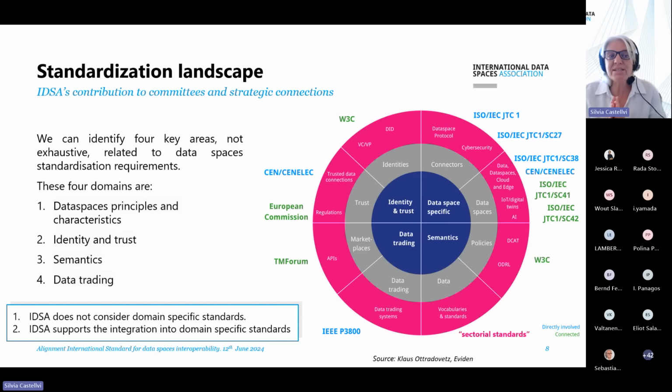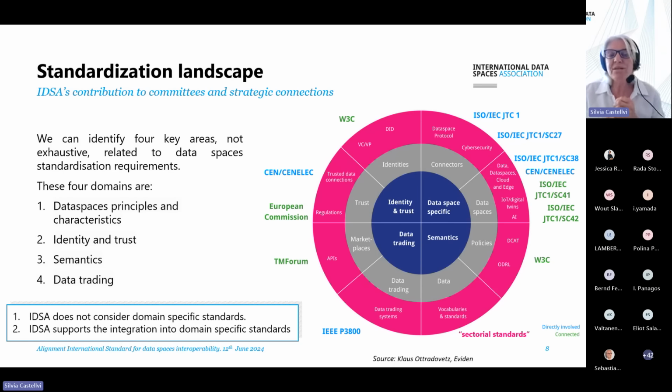And here you can see our commitment to achieve these standardization activities, because we are directly involved in standardization committees. We are involved from IDSA head office, but also members are actively participating on these committees that you see in blue.